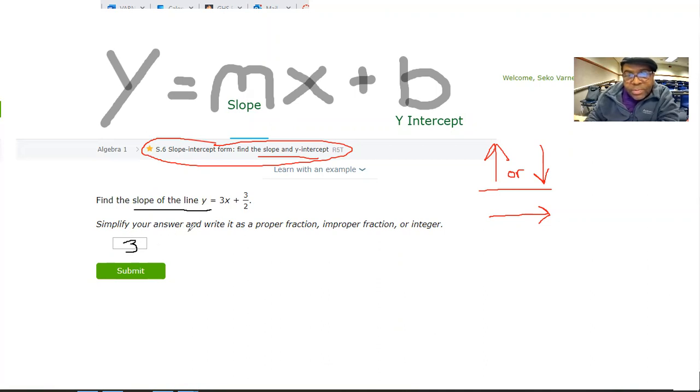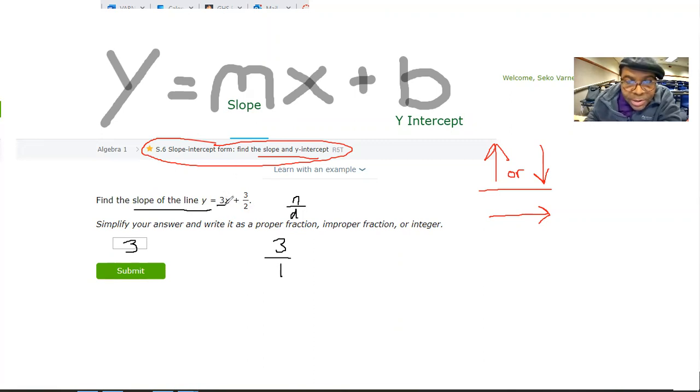Now it says you can simplify your answer and write it as a proper fraction. A proper fraction has a numerator and a denominator. So if you want to write it as a proper fraction, the answer would be 3 over 1, because whenever you have a slope, it's a fraction.